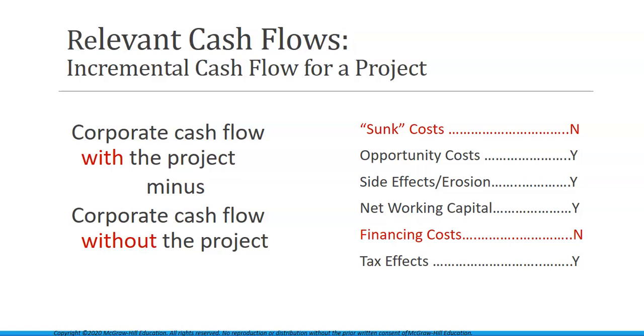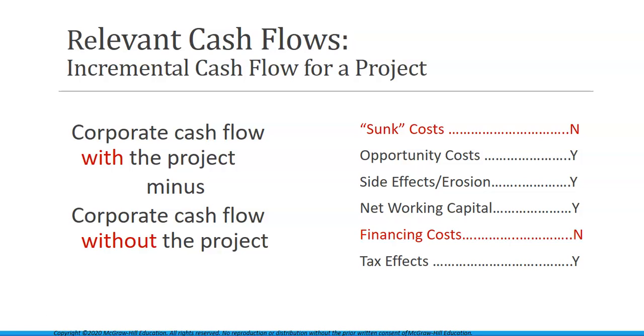We do not include the financing costs. Financing costs, namely interest payments, are ones that we would not include as part of our relevant cash flows for capital budgeting. And then our tax effects. How much are our cash flows after we would pay taxes?